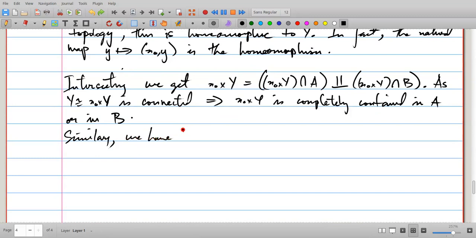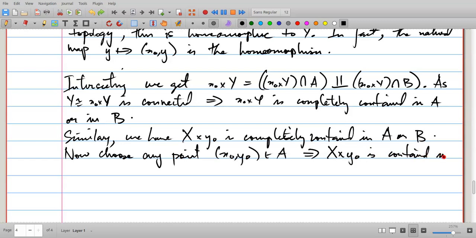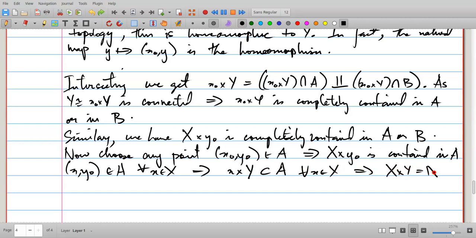So similarly, we have X cross {y naught} is completely contained in A or B. So now we pick any point (x naught, y naught) in A. So by this preceding line, X cross {y naught} is contained in A, which means that (x, y naught) belongs to A for all x in X. So this implies that X cross {y} is completely contained inside A for all y in Y. But this implies that X cross Y is contained in A, which is a contradiction.